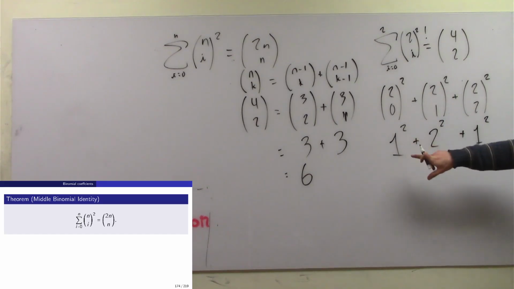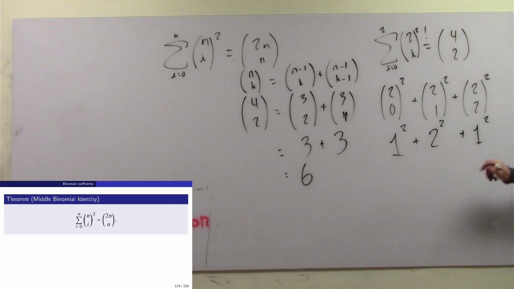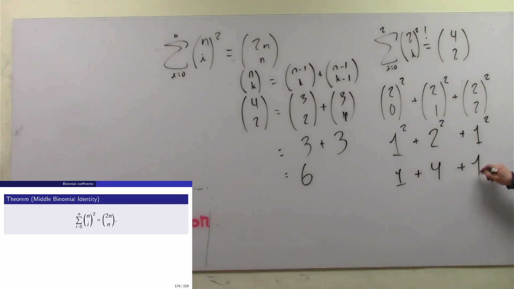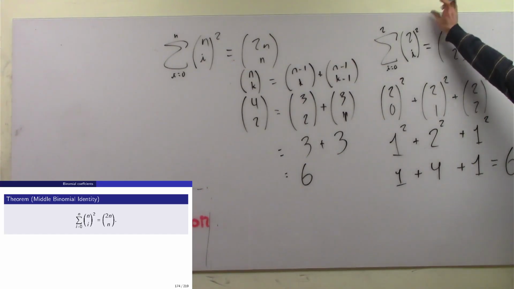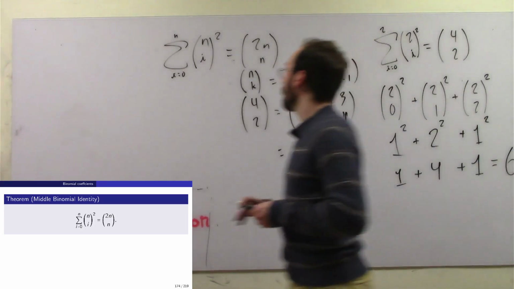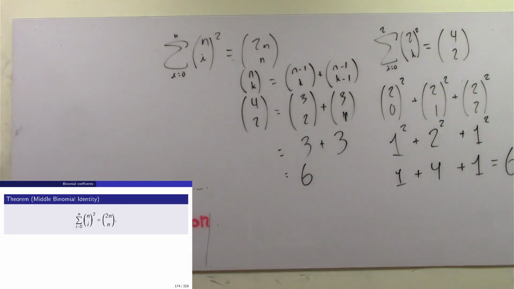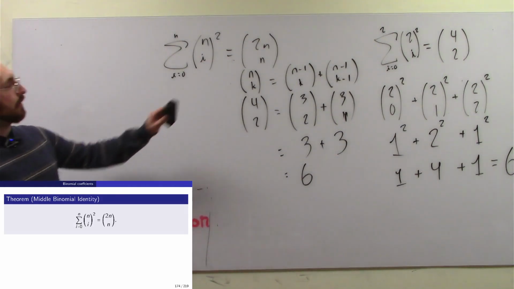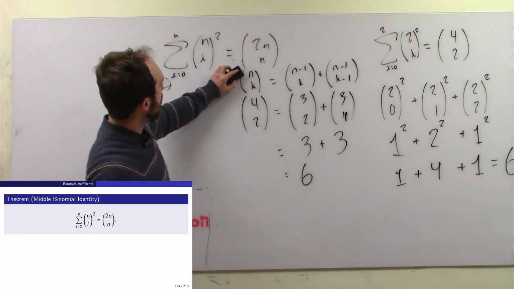So we get 1 squared plus 2 squared plus 1 squared. That is 1 plus 4 plus 1. Oh my gosh, I didn't lie to you. It is 6. Okay. These do in fact equate to each other. That's wonderful to see. Now let's hope it actually works in general. I sure do. Let's find out.